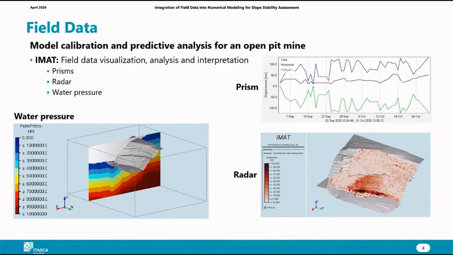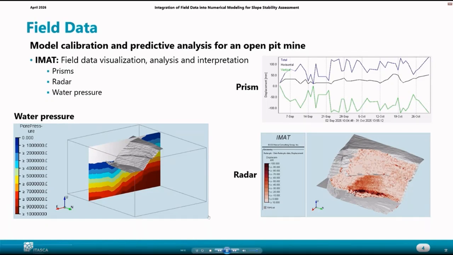For example, we have prism monitoring data, which gives us point-based displacement measurements over time. This is really useful for tracking localized movement of the slope. We also use radar data, which provides much higher spatial coverage, so we can see deformation patterns across larger areas of the slope and identify zones of acceleration.